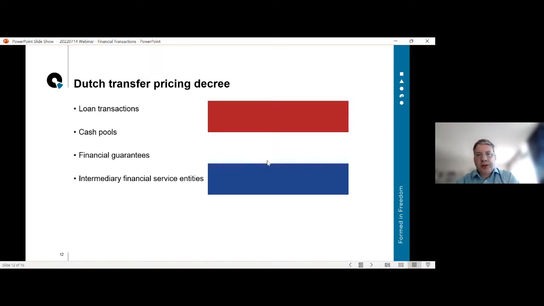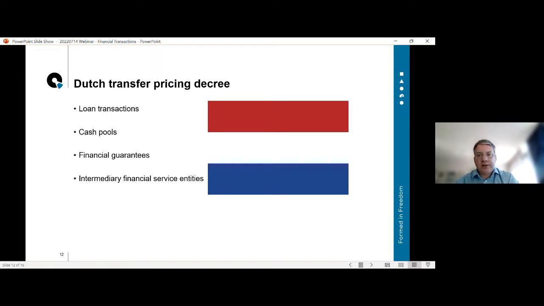What is also mentioned in the new transfer pricing decree is new guidance in respect of cash pooling. It is important to point out that the Dutch tax administration will pay attention to the question whether what is presented as a cash pooling transaction is in fact a genuine cash pooling transaction.